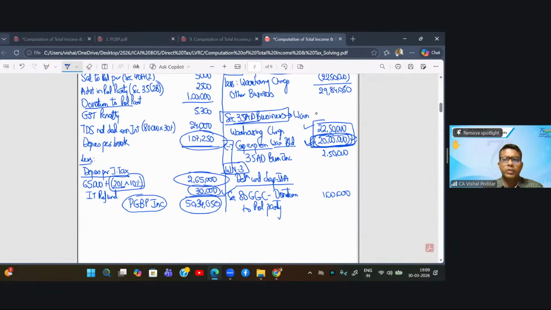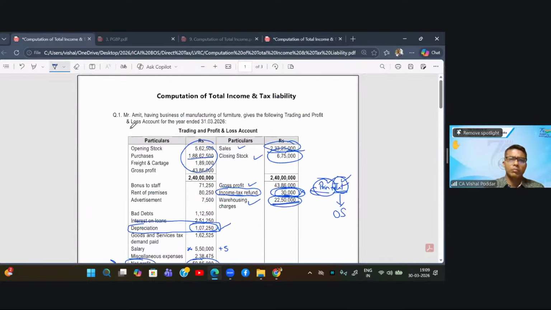It is warehousing of agricultural produce. So if you read 35 AD, there are multiple items which are covered in 35 AD. One of the incomes is warehousing of agricultural produce. Now, this is the... Sir, I know, my doubt is different. If I sold business 35 AD, then the entire amount you will tax under PGBP. Sir, it is right.